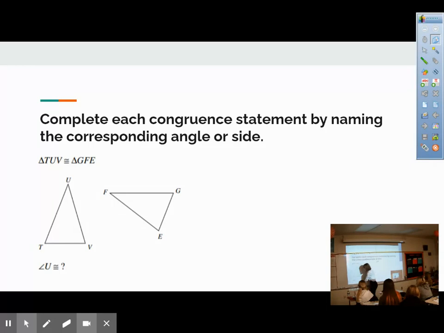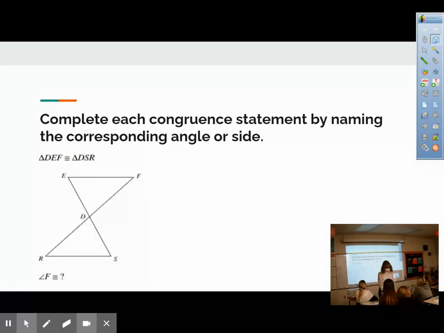Alright, here's your next one. Triangle DEF is congruent to triangle DSR. Angle F is congruent to angle what?